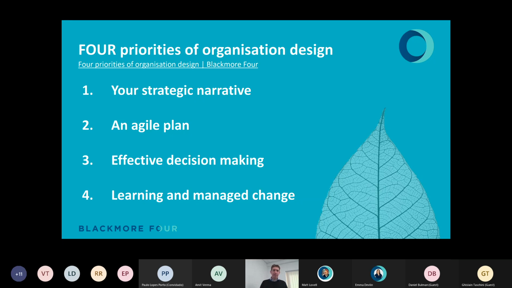The way we express that as a strategic narrative is everything from your reason for being, the purpose of a business being alive, all the way through to what that looks like in real terms. So that might be around tasks, activities, sitting within a strategic plan, and really the narrative being how that hangs together.